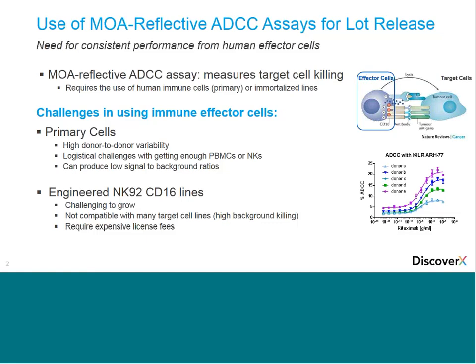Often they're not compatible with many target cell lines, as we'll discuss in a few moments, resulting in high background killing. And then there's the added burden that they require an expensive license fee to use them in a quality environment. So a reliable source of human effector cells could address some of the challenges that one encounters in using an MOA-reflective ADCC assay for lot release.